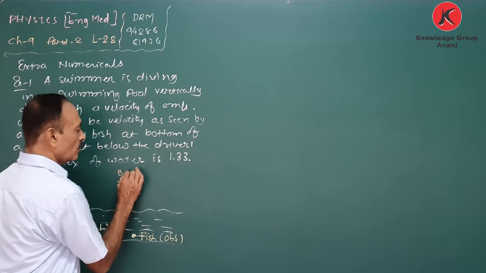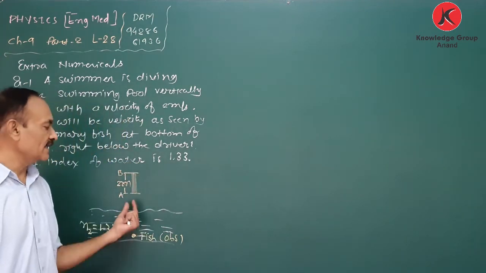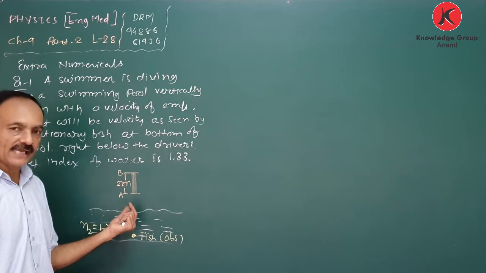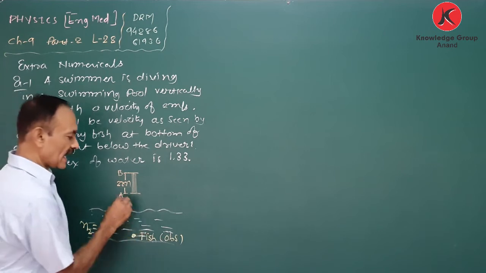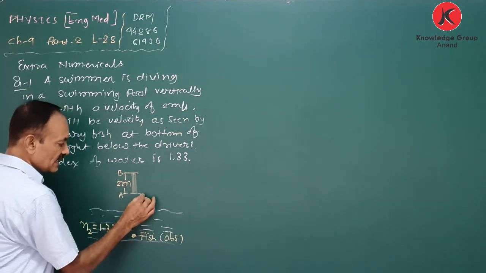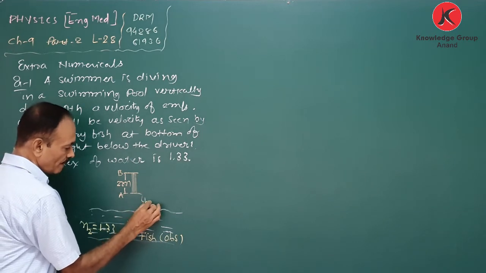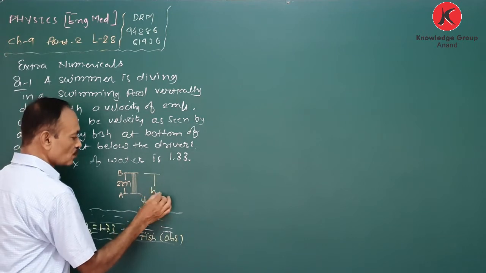Now, by using the concept of real height and apparent height, here the height of A is HO and the height of B is HO dash.